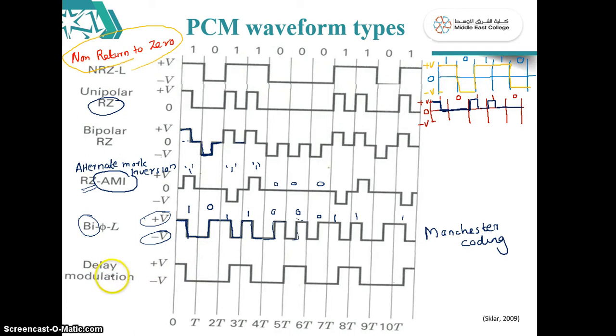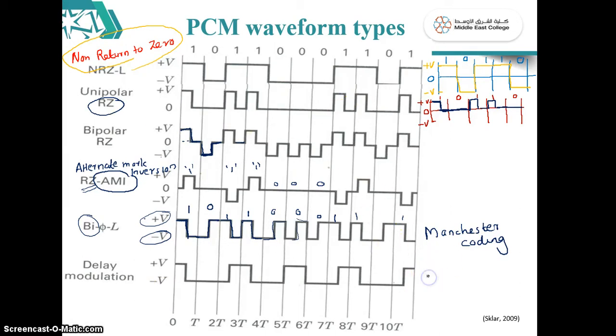Now the next one is delay modulation. The last PCM type waveform shown over here is delay modulation. Delay modulation is also called Miller coding.